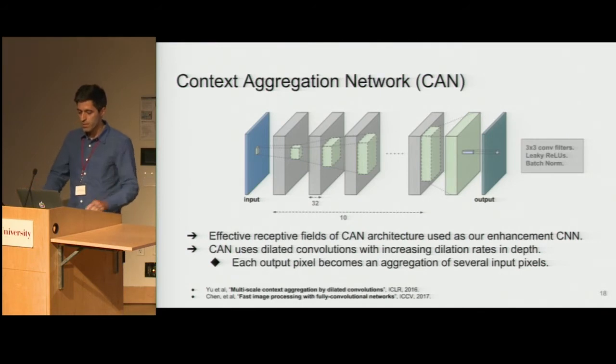So CAN basically is a 10-layer network with a fixed number of feature maps, 32, and the convolution filters are 3 by 3. However, there's a caveat in there that the dilation rate basically increases as we go through the depth of the network. So the net effect of that is each output pixel becomes an aggregation of several input pixels. So basically the footprint of the filter increases.